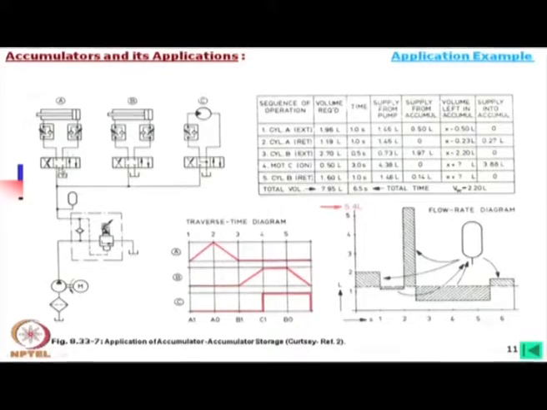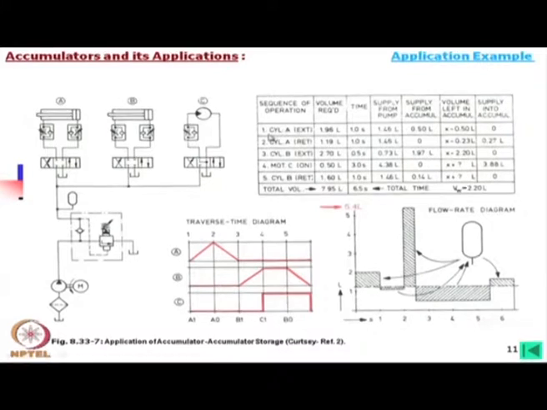This is operated by a completely closed center 4/3 directional valve, and in this case this is also 4/3, but it is not closed center, it is only partially open center. Partially open center means in neutral conditions oil goes back to tank, and in neutral position the pump is closed center. That means this pump is always ready with pressure when all are in neutral.